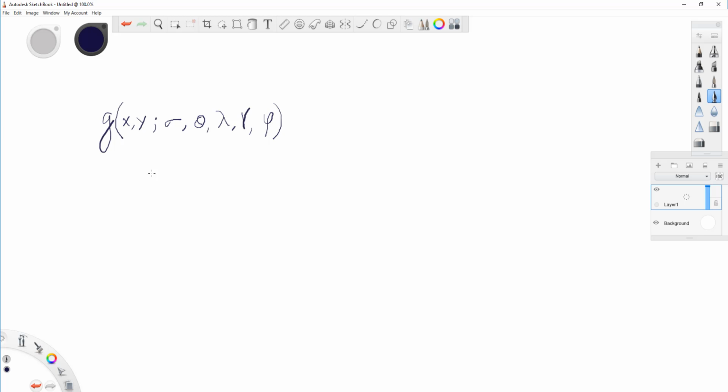And it is equal to e to the, I'm just going to write exp, and let me start a big bracket right there. So minus, now I'll take x prime squared, plus gamma squared times y prime squared, divided by 2 times the standard deviation squared.